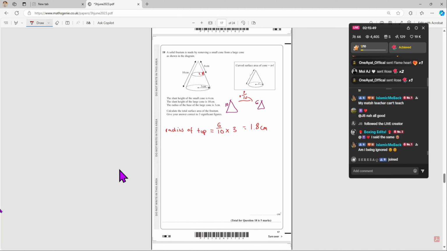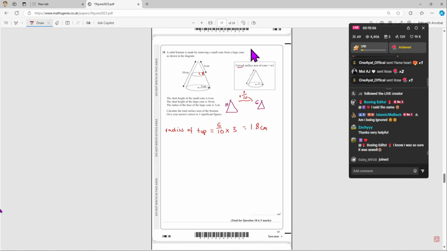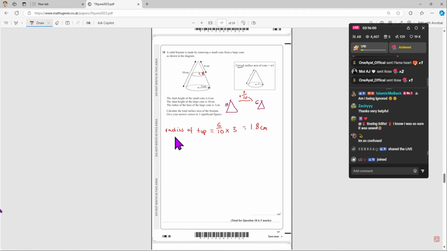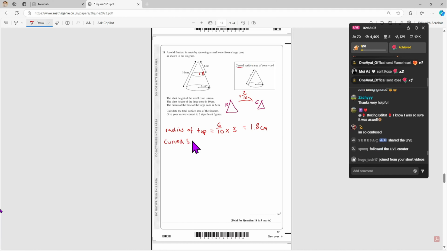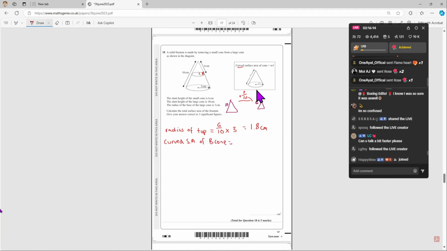Now we're going to work out the curved surface area of the cone. We are given the formula for the curved surface area. The curved surface area of the big cone is equal to pi, then the radius of the big cone, which is 3, then the slanted height, which is 10.